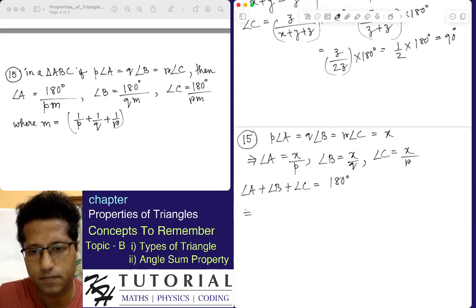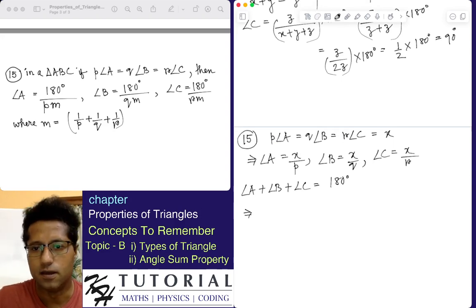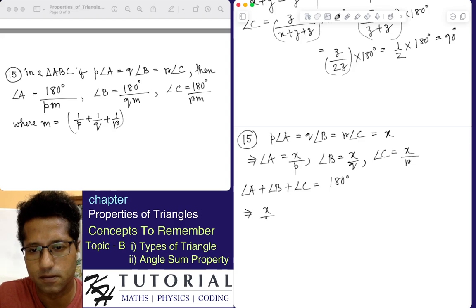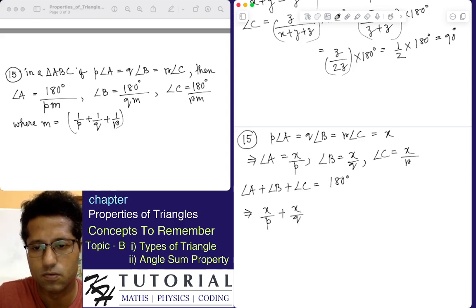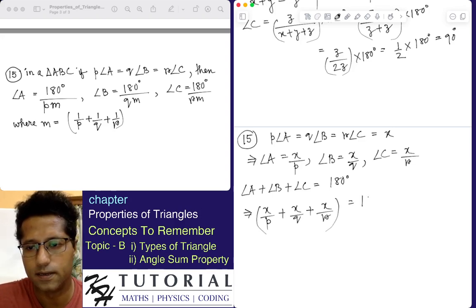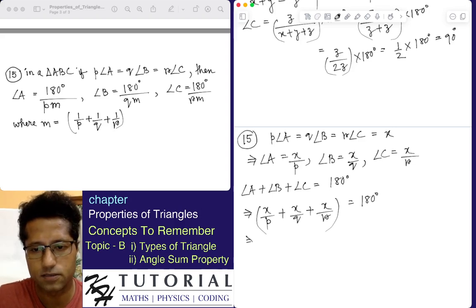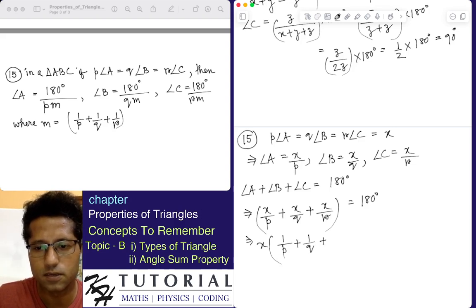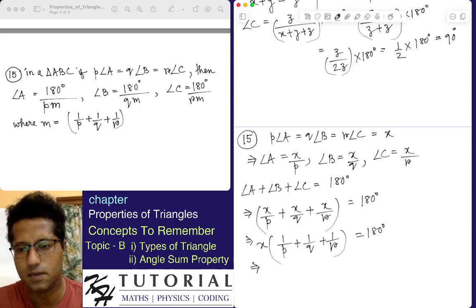If you substitute the values of angles A, B and C in terms of X, we get X by P plus X by Q plus X by R equal to 180 degree. Now if I take X common, I get X times 1 by P plus 1 by Q plus 1 by R equals 180 degree, and this expression 1 by P plus 1 by Q plus 1 by R, I am assuming to be equal to M.